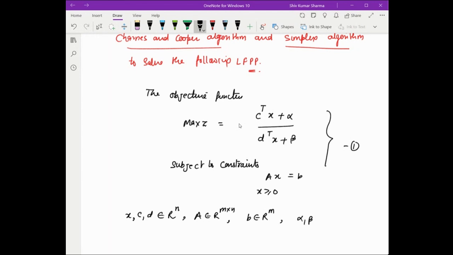Here alpha and beta both belong to the real numbers R. Constraints may be in the form of v1, v2, v3, v4, v5, up to vm, etc.